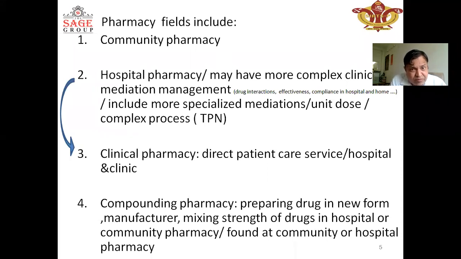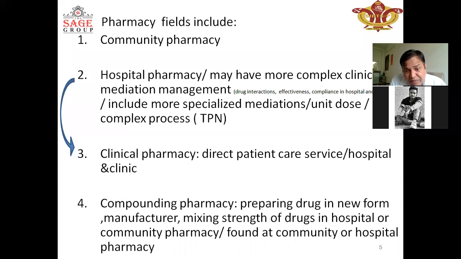Number four, compounding pharmacy: preparing drugs in a new formulation, mixing strengths of drugs, found at community or hospital pharmacy. That compounding practice is not common nowadays, because the majority of active ingredients come in a suitable dosage form.